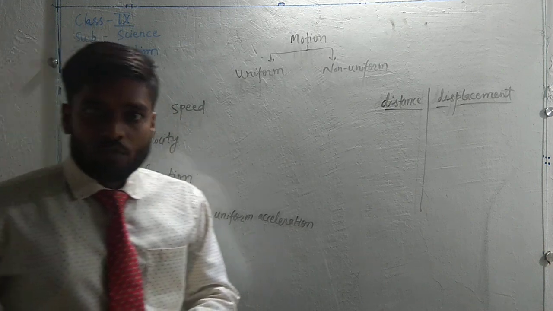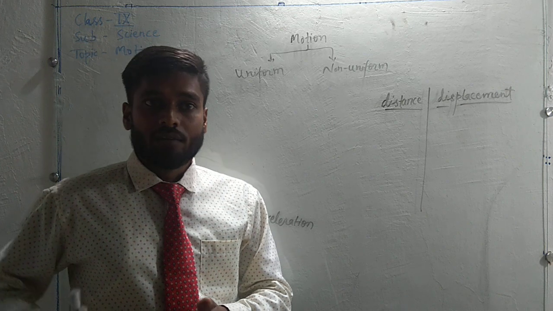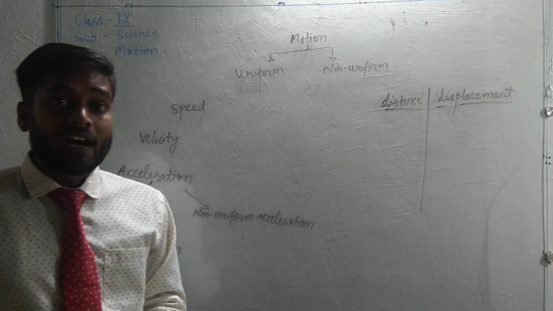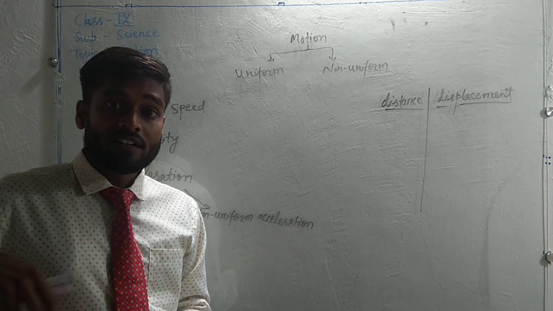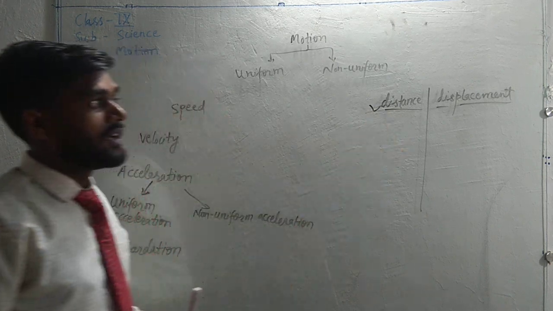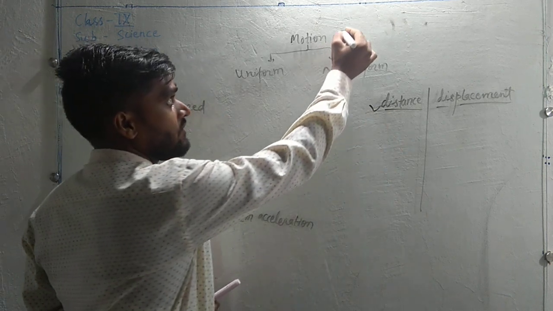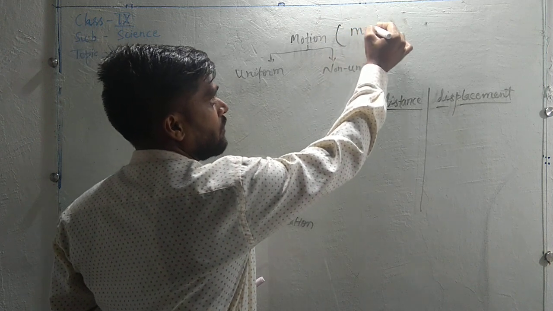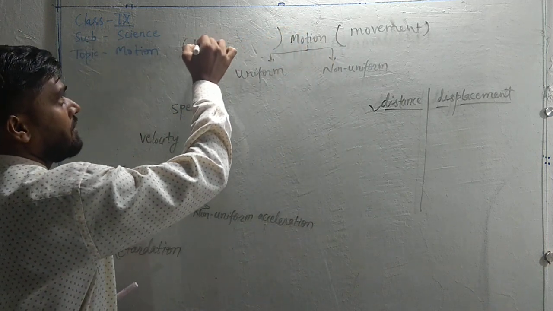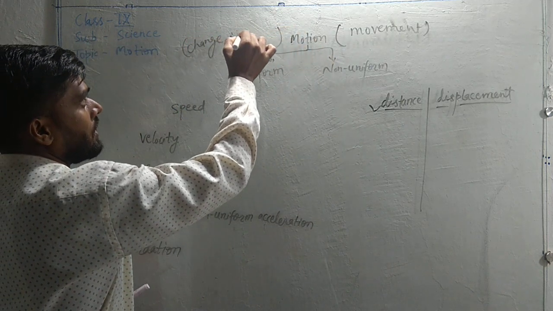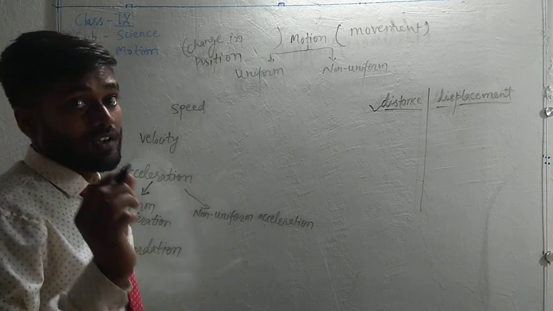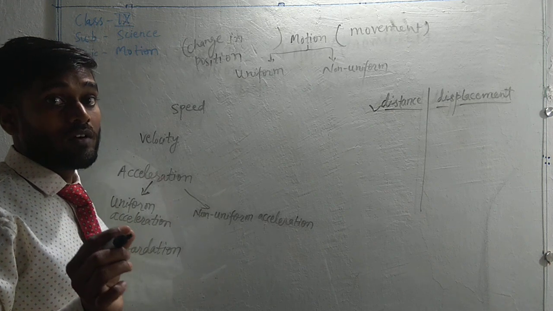So when an object is in motion, it certainly moves on a certain path, and the length of that certain path is called distance. So for motion you can give one word as movement, or you can say change in position. Change in position indicates that an object has gone through motion.